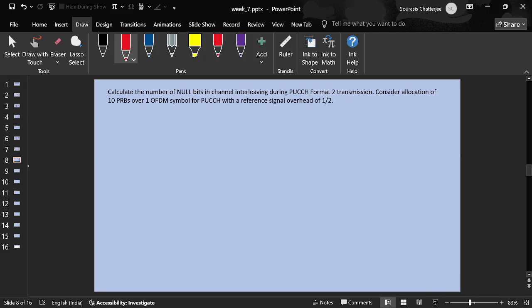So how do I calculate this? Anyone, how should I proceed?